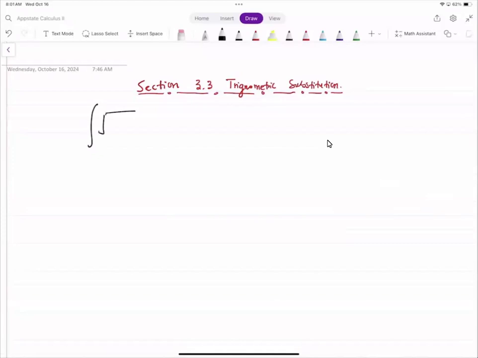How do we find the antiderivative of a function like this? That is what this section is about. It's going to help us find the antiderivative of functions with a radical expression.